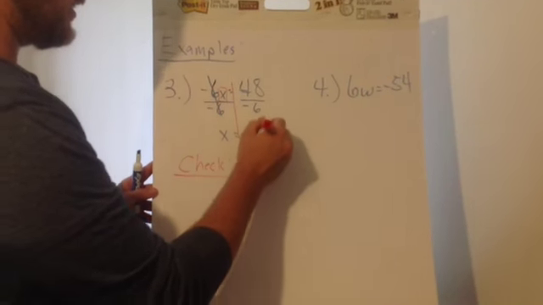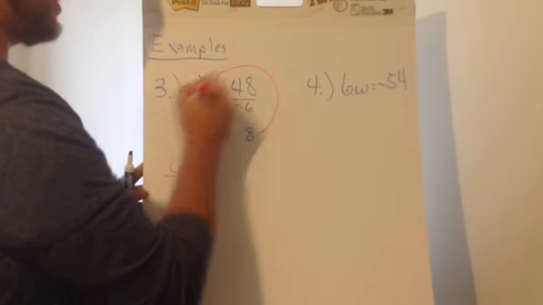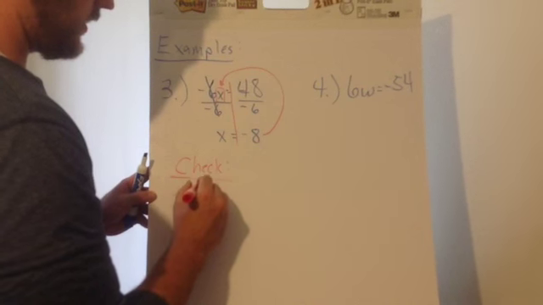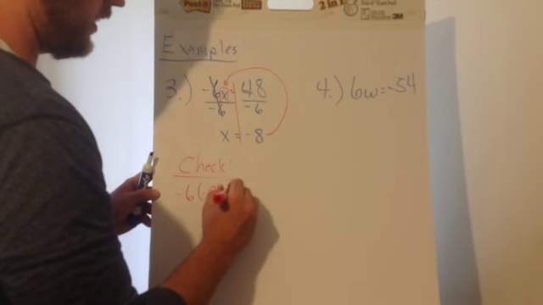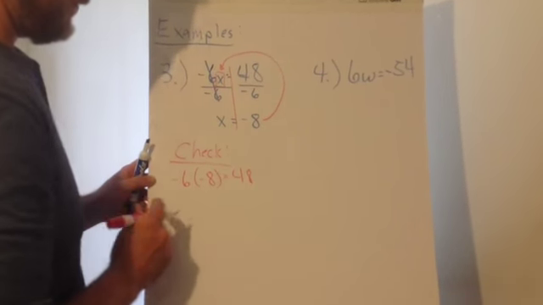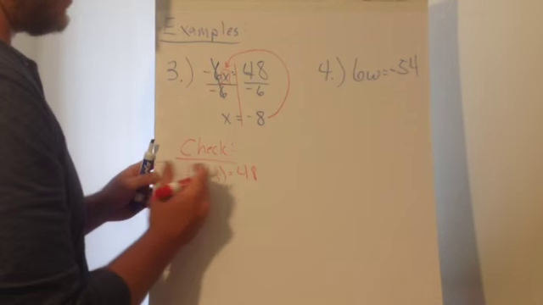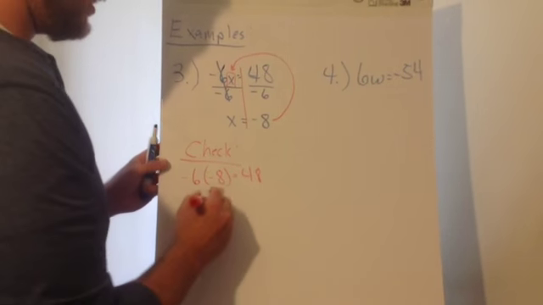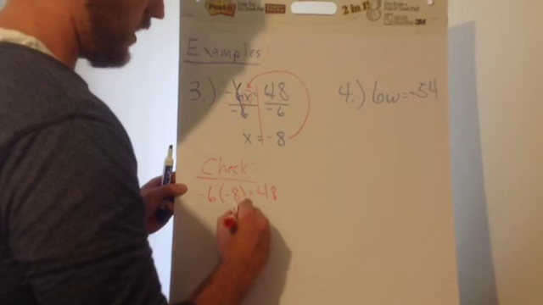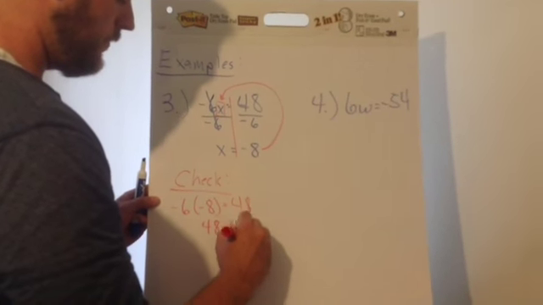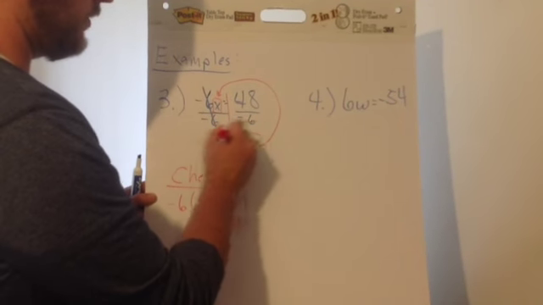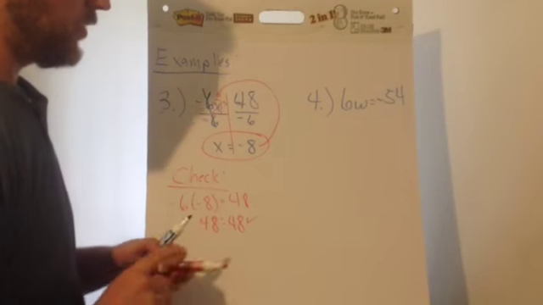So, we take this negative 8 that we think is our solution and plug it back in. So, negative 6 times negative 8 equals 48. Negative times negative is obviously a positive. So 6 times 8 is 48. So 48 equals 48, so this is a good solution.